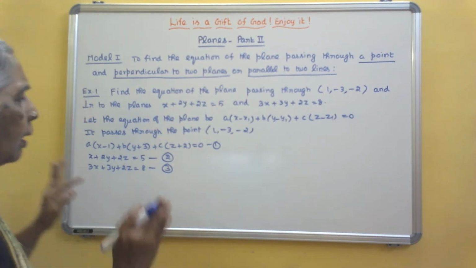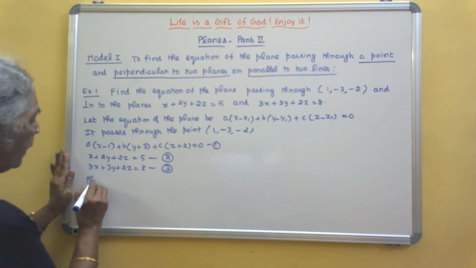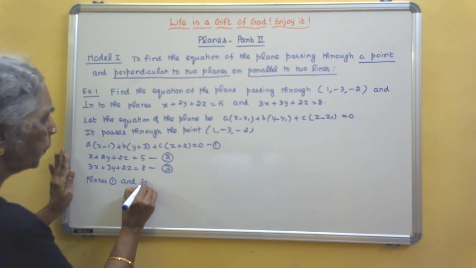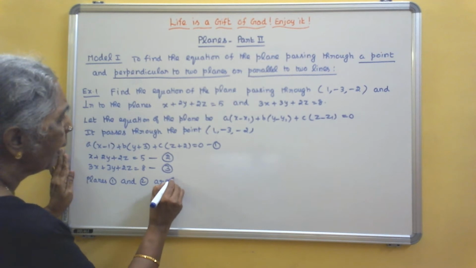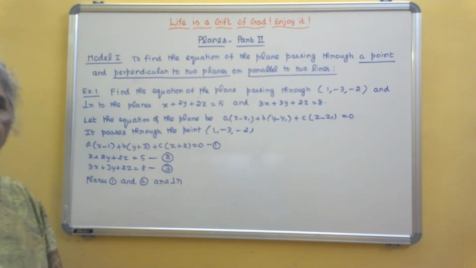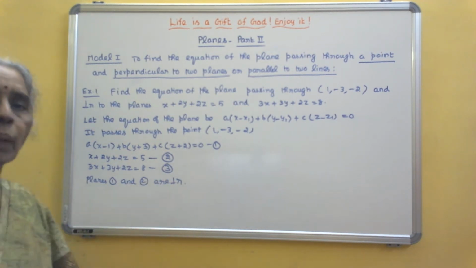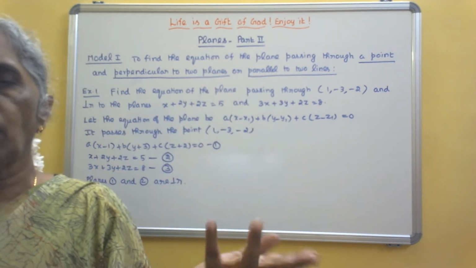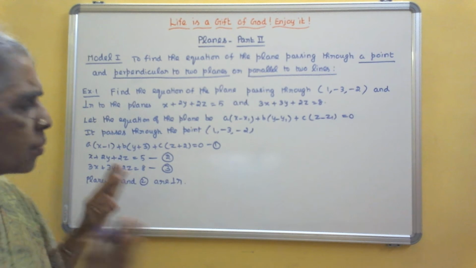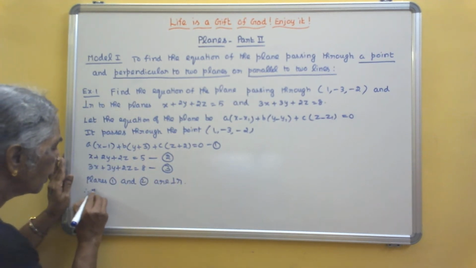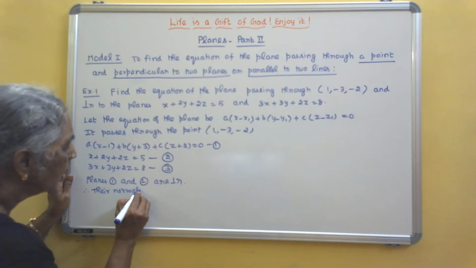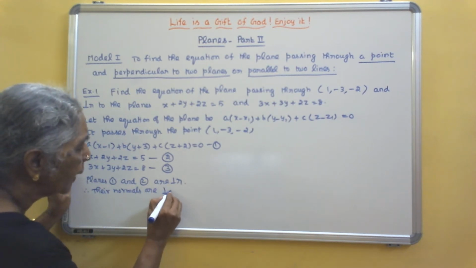Now, planes 1 and 2 are perpendicular, they have given. When two planes are perpendicular, you know that normals are also perpendicular. I have told you that fact. Therefore, their normals are perpendicular.